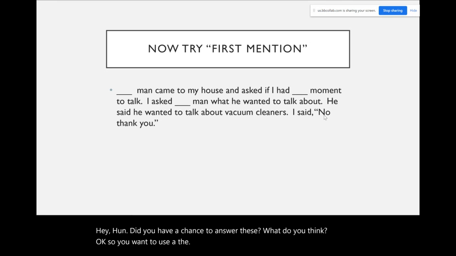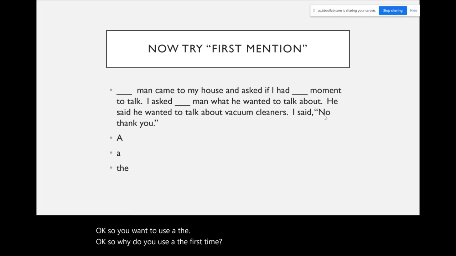Why do you use a the first time, but the on the second time you talked about the man? The man is a single noun, so I use a, and then it shows up the second time, so I use the.